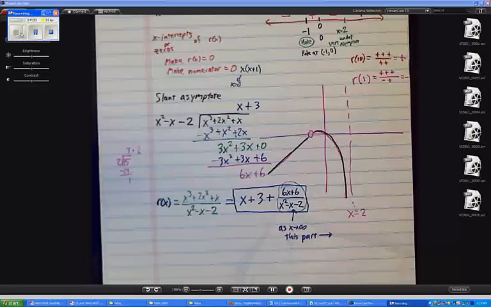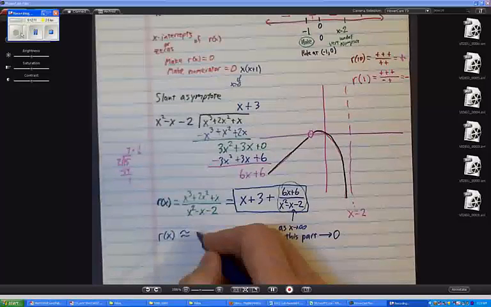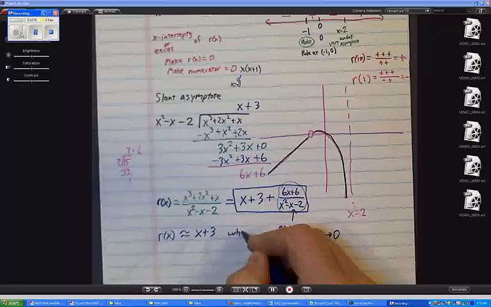We've been studying that, right? That's on my test tomorrow. This part goes to 0. And so what that means is the function R of x is approximately x plus 3 when x is big or small.